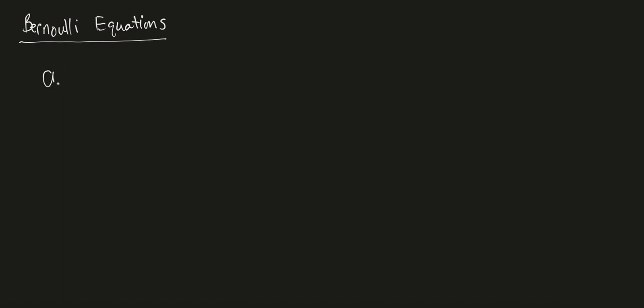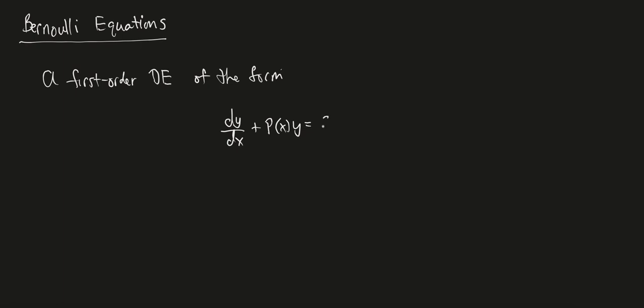A first order differential equation of the form, and this is what they look like: dy/dx plus p of x times y is equal to q of x times y to the n.